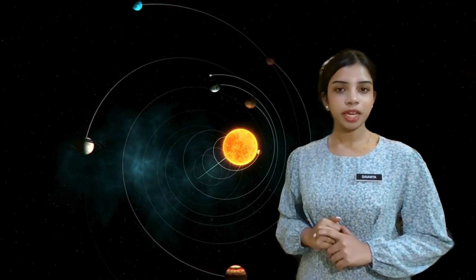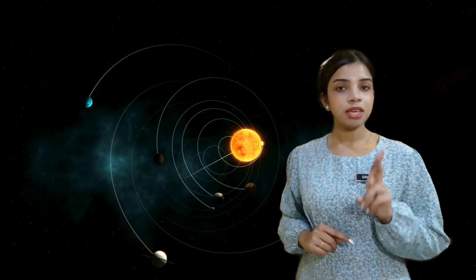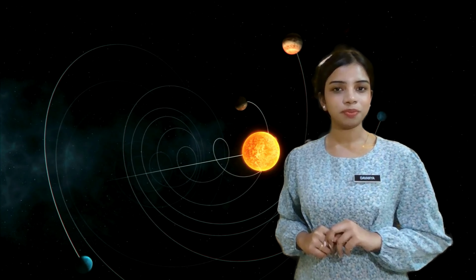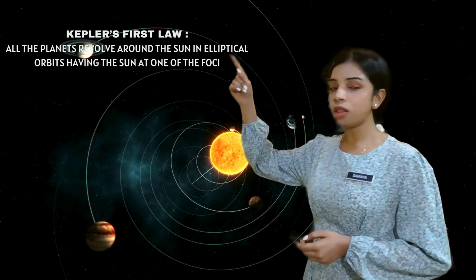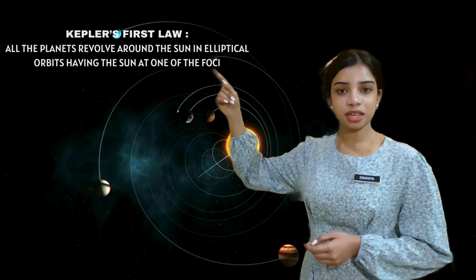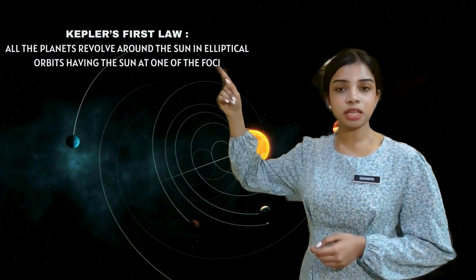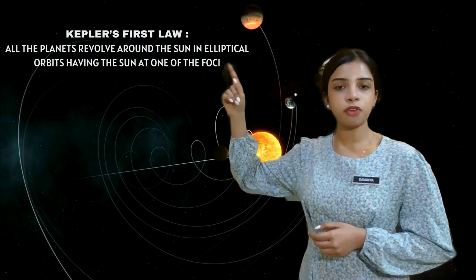Let us recap Kepler's first, second and third laws. Kepler's first law states that all the planets revolve around the Sun in elliptical orbits having the Sun at one of the foci.